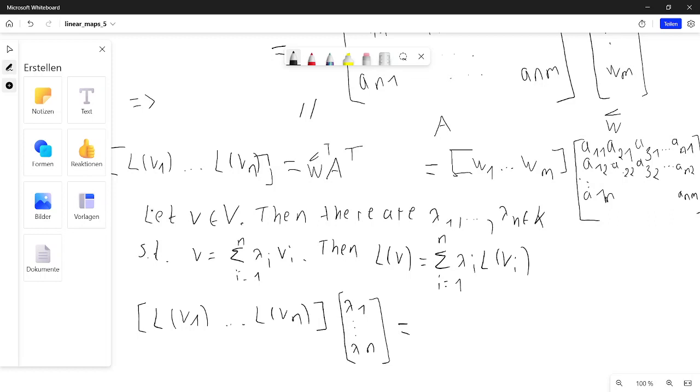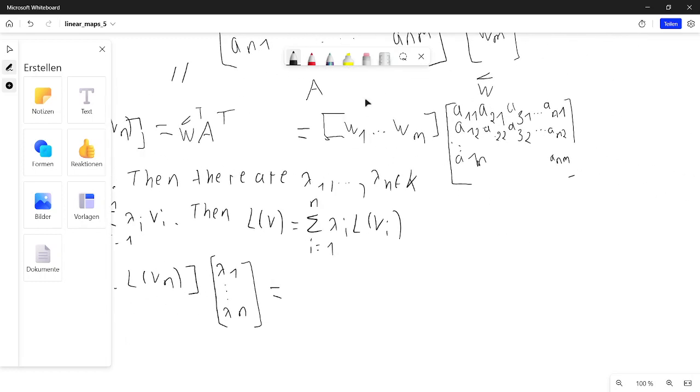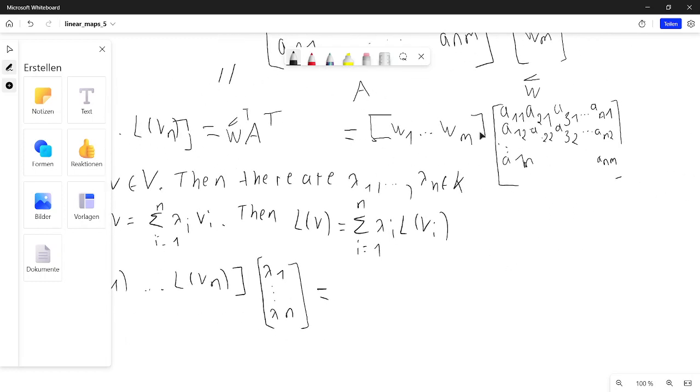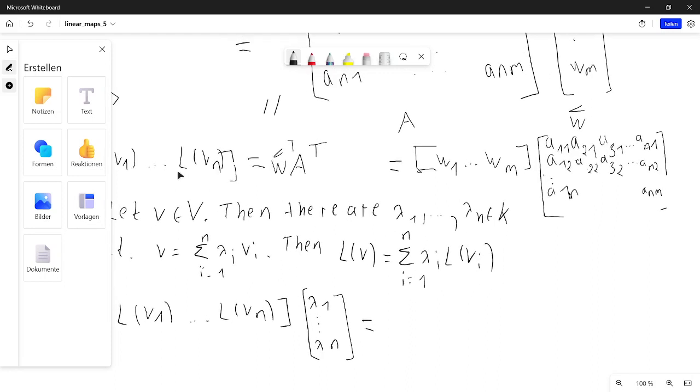Okay, so I just multiply this vector here into this matrix, and I multiply equal things with equal things. So we do an equal thing, multiplying with the same thing on both sides of this equation, so the equation doesn't change. Again, I emphasize that it is a formal equation, but well, let's just do it and look what we get.